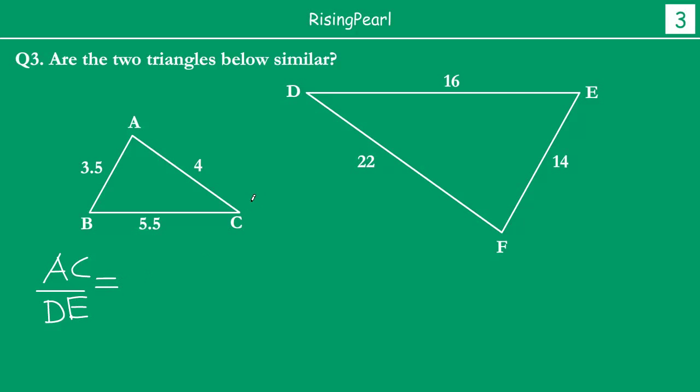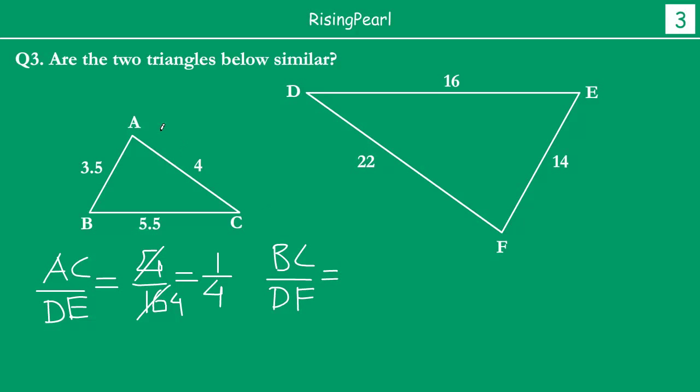AC is 4, DE is 16. So this ratio is 1/4. Next, we are looking at BC and DF.